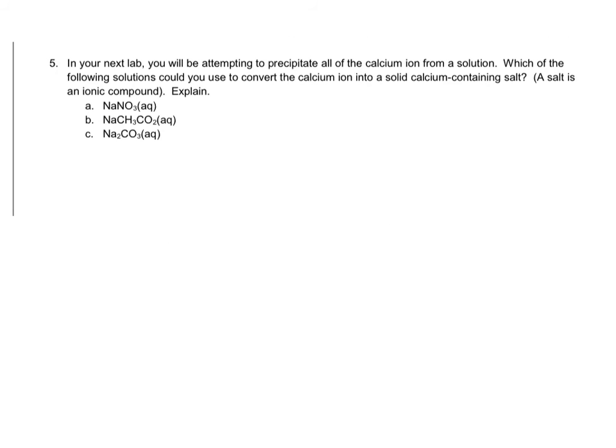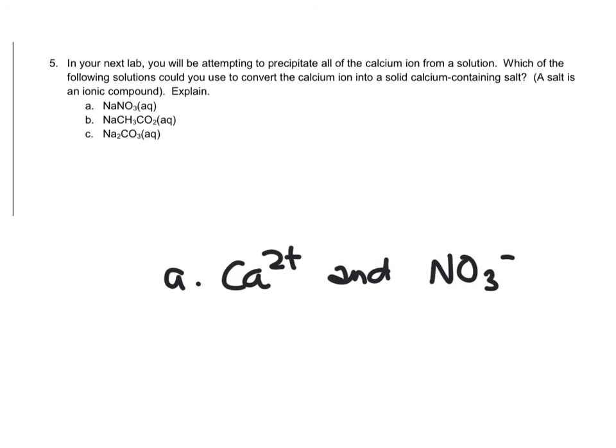Okay, this one comes back to the solubility rules. So we're trying to precipitate calcium ion, trying to precipitate all of it, but if we think about A, our calcium ion would be reacting with which one? Sodium or nitrate? Okay, calcium's positive, it's going to react with the negative nitrate. And so if we have calcium and nitrate, is that going to produce something that's aqueous or solid?